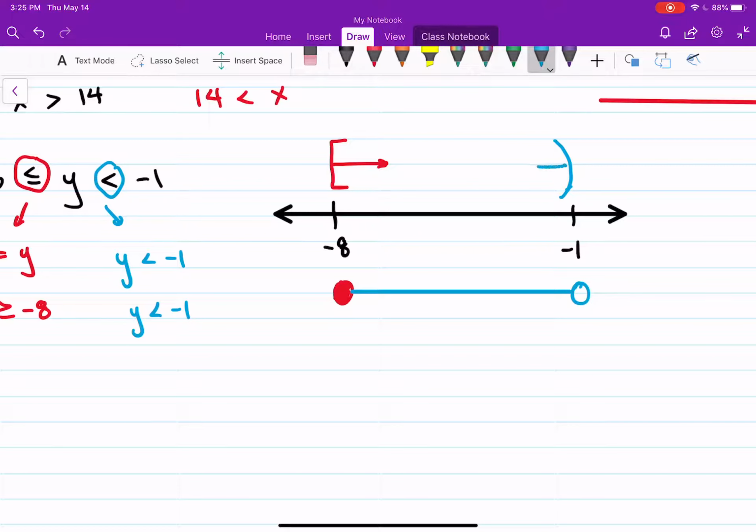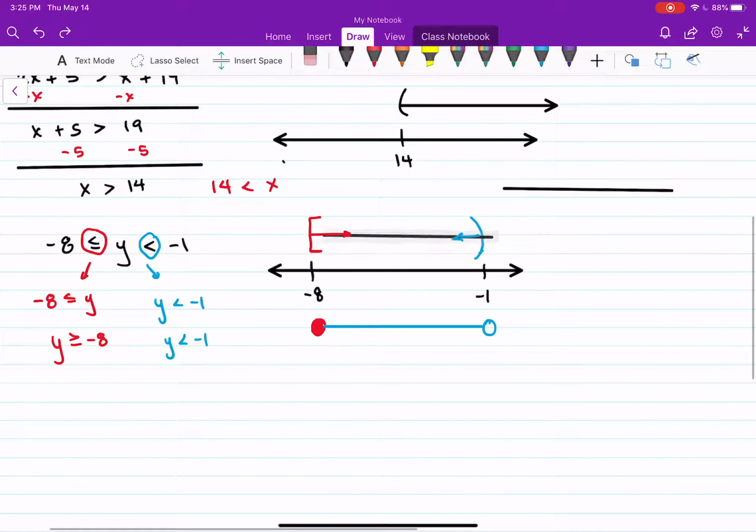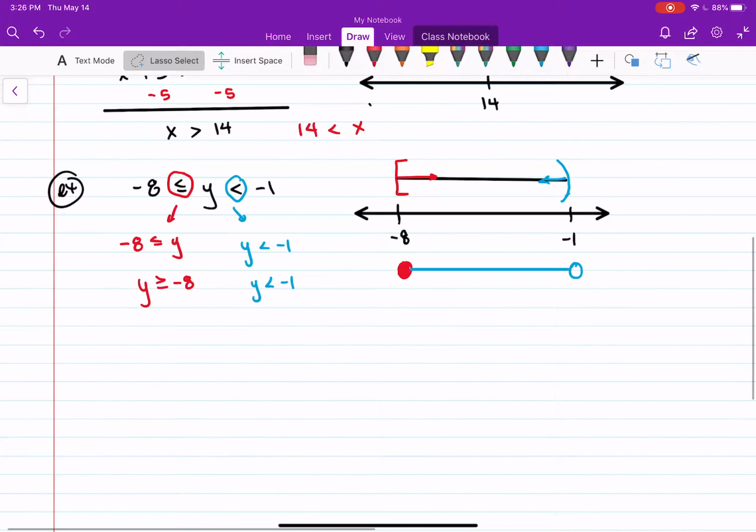So you would have pointed this way, which really, since they are meeting each other, that's the reason why that would be there. I hope that helps you.